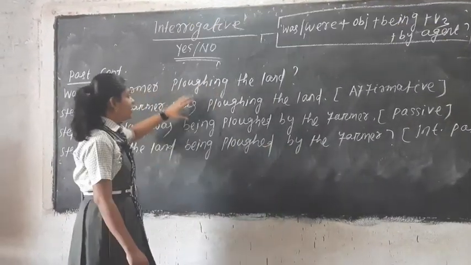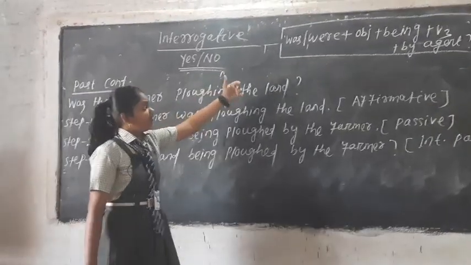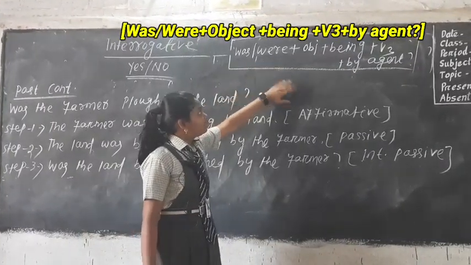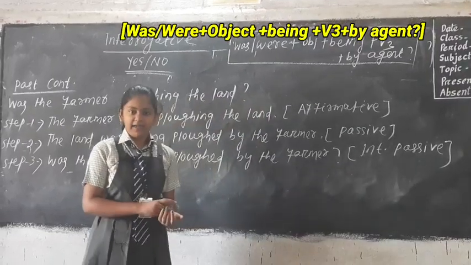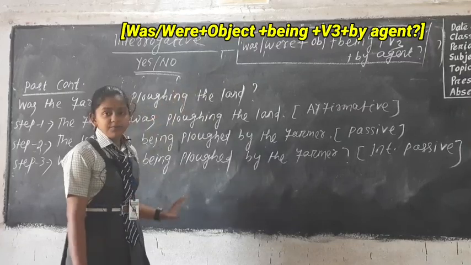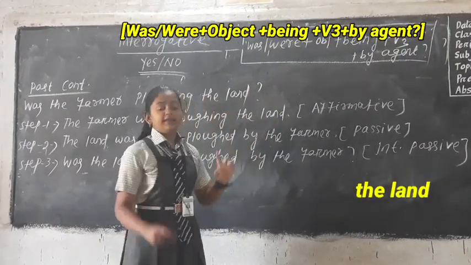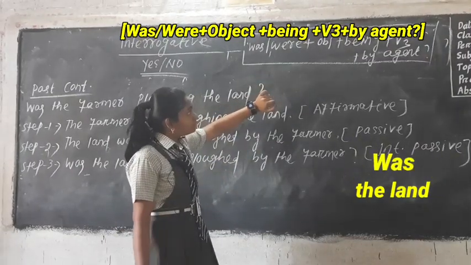We can use this process to passivize, or we can also use this structure, that is was or were plus object plus being plus verb 3 plus by agent. We need to identify the object in the active voice, that is the land. We will write the land here. The land is in the singular form, so was will be used.